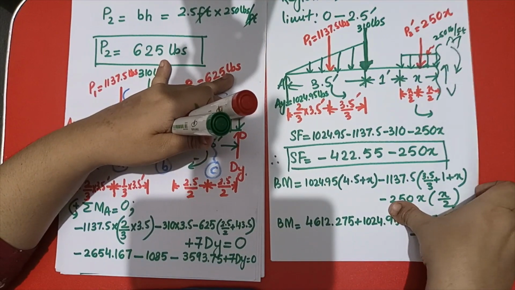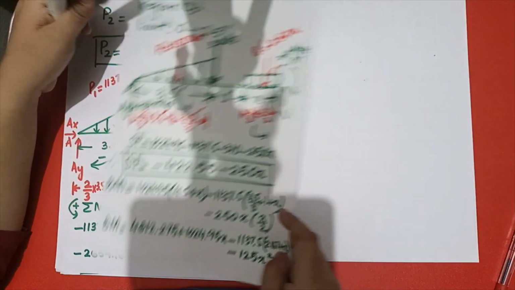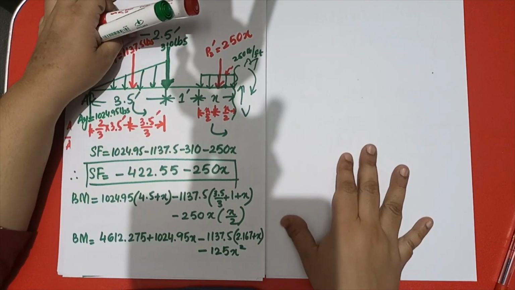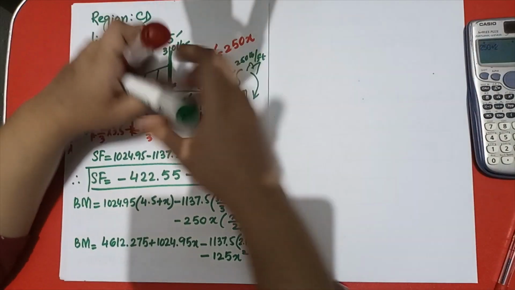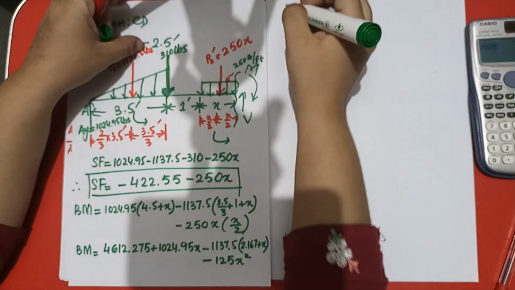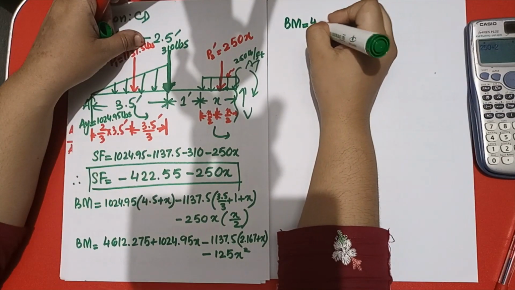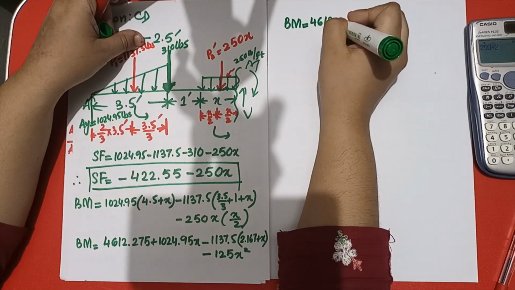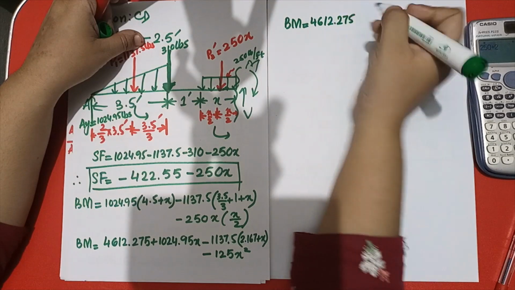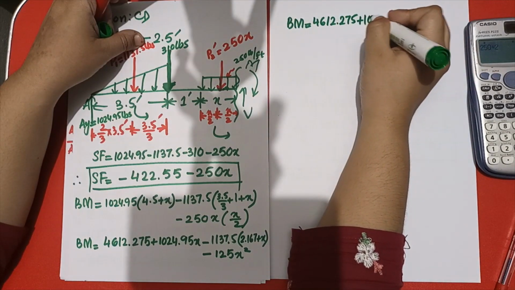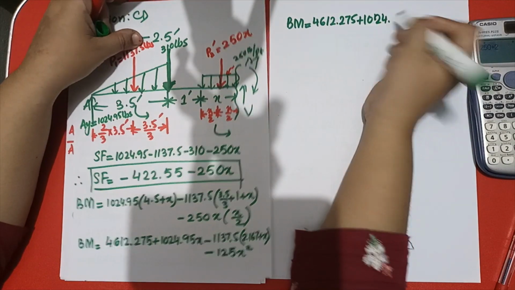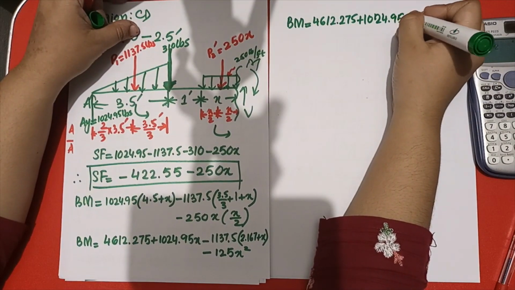Now I am moving to simplify it more to get better results. So the bending moment equation will be 4612.275 plus 1024.95x.